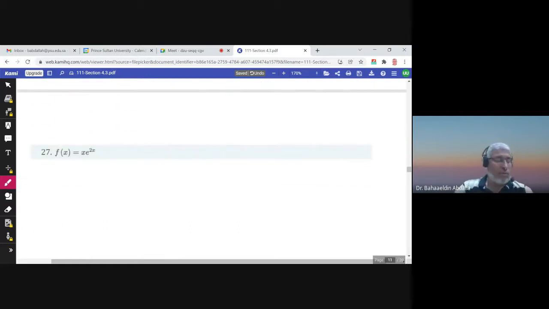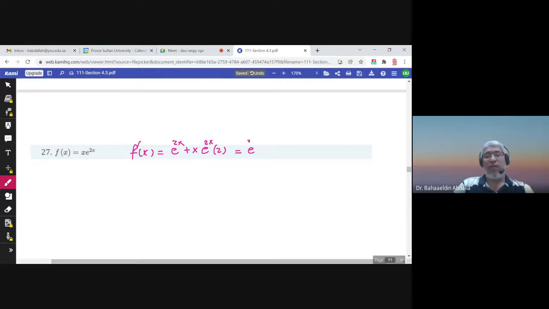Another question. Let us find f prime. Use the product rule. The derivative of x is 1. The derivative of e to the power 2x is e to the power 2x times 2.